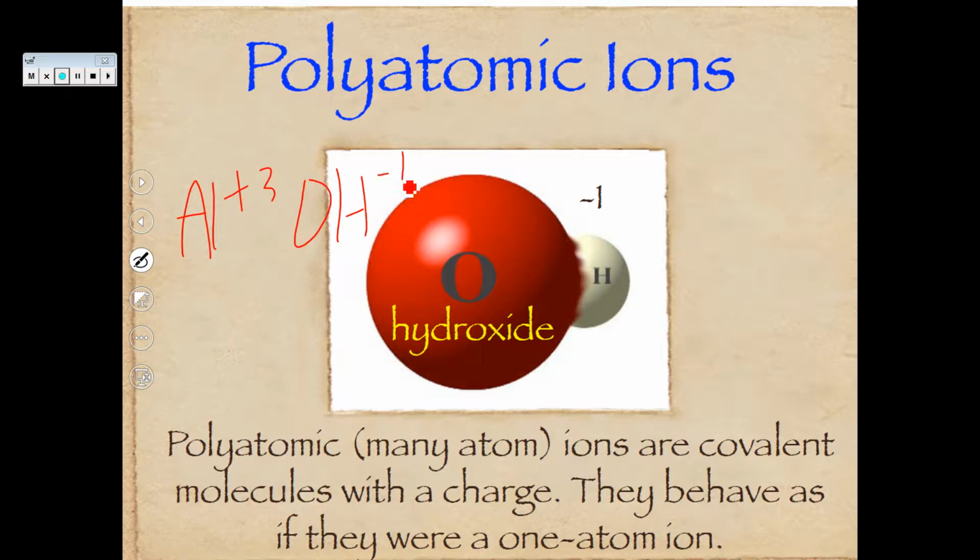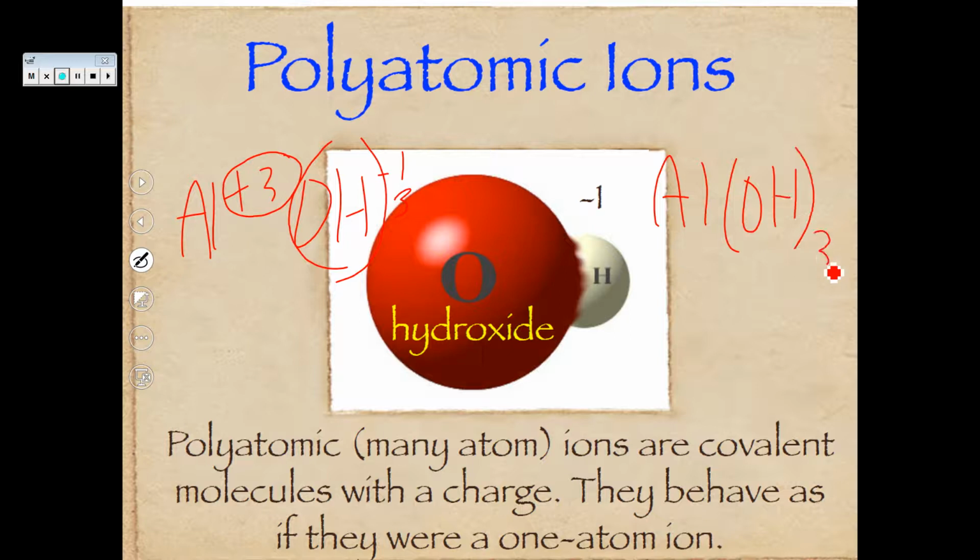When you drop and swap, that 3 from the aluminum has to go around the entire hydroxide. So what you end up with is Al parentheses OH 3. That 3 has to apply to both the O and the H. So use a parentheses to show that that OH is not separate, but rather a package.